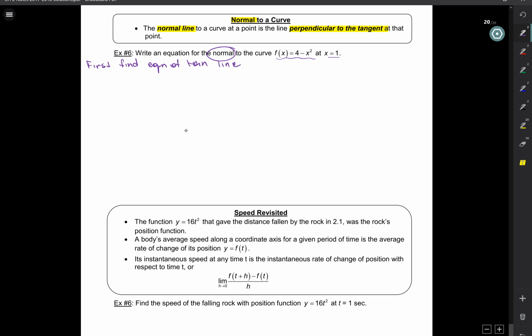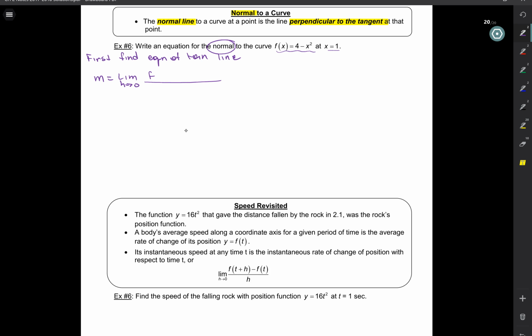The slope of the tangent line is the limit as h approaches 0 of f of x plus h. At what point are we looking for our slope?